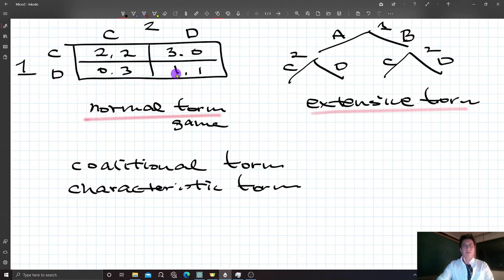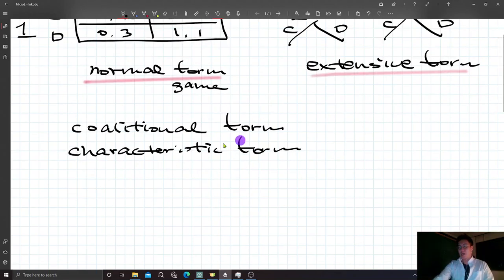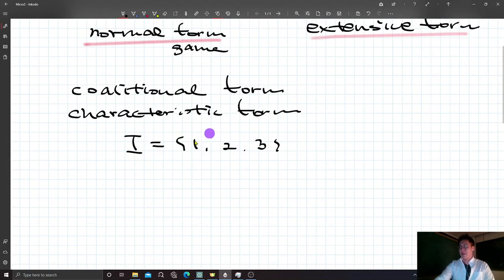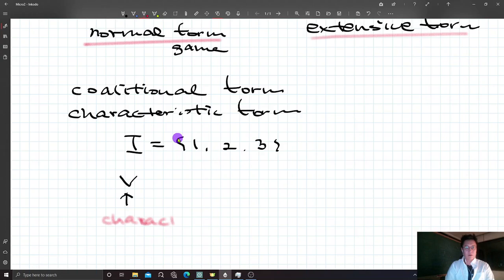So a standard cooperative game looks like this. Suppose that we have three players, one, two, three. Then the game is given by one function, say v, which is called the characteristic function, which is a mapping from possible coalitions to real numbers.